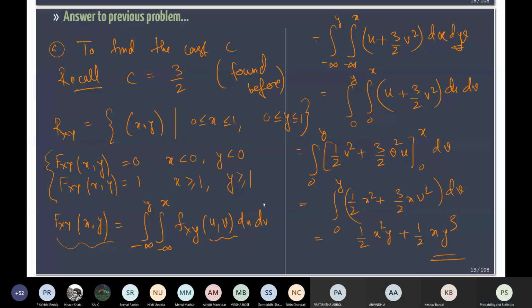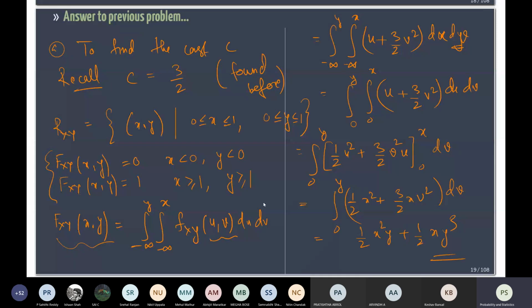So what are the other cases left, right? So we have this for x greater than or equal to 0 and less than or equal to 1. And then you may also go ahead and do this for the other cases.